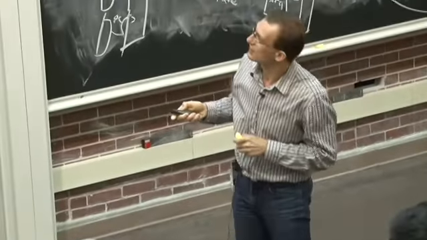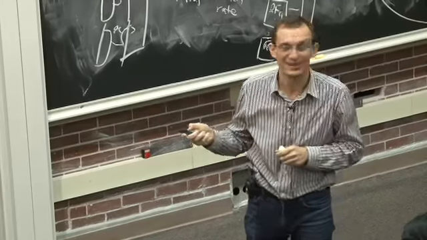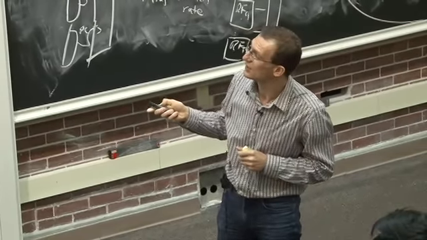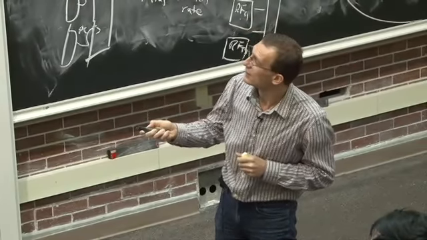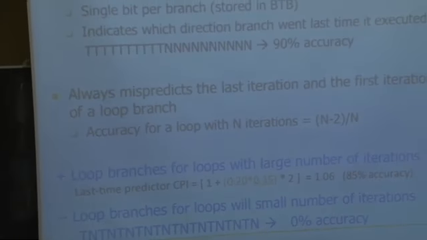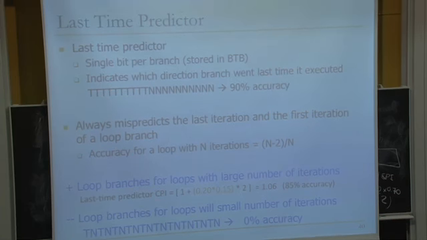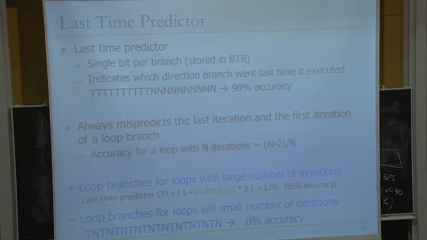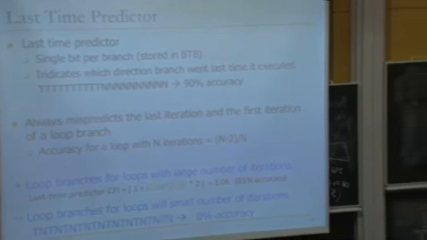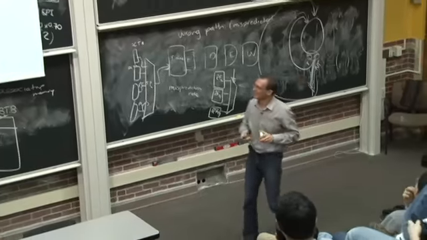And if you have a loop branch with a large number of iterations, well, let's get back to that. Well, maybe I should answer that call, huh? Is this the Matrix? I'll wait for a couple more rings.